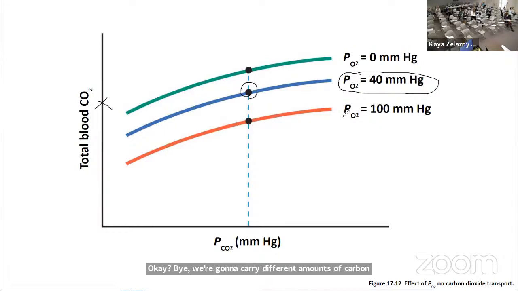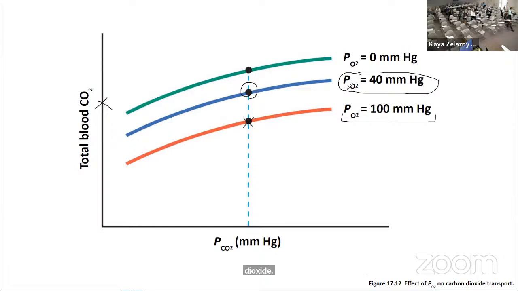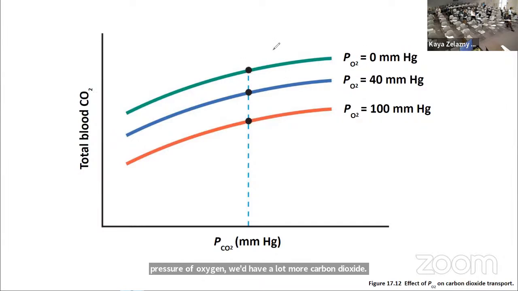When our partial pressure of oxygen is 100, like it is in systemic arteries, the blood isn't going to hold the same amount of carbon dioxide. That's why this curve is lower here. And if we were to have a very low partial pressure of oxygen, we'd have a lot more carbon dioxide. So these two things both affect each other. Carbon dioxide affects oxygen, oxygen affects carbon dioxide.